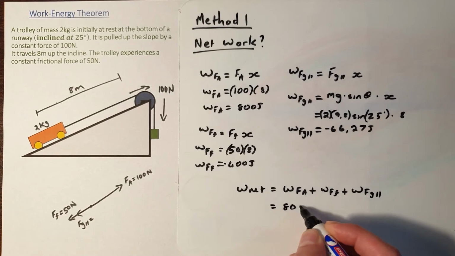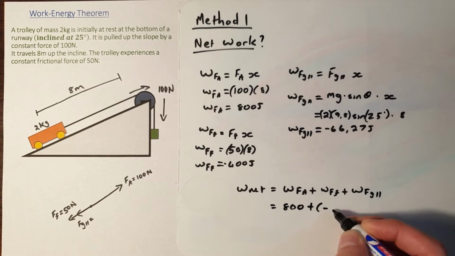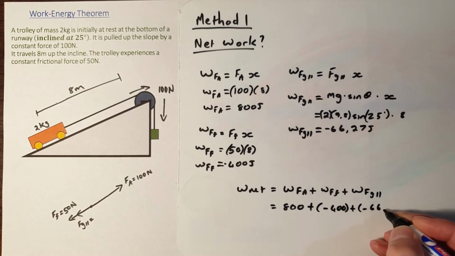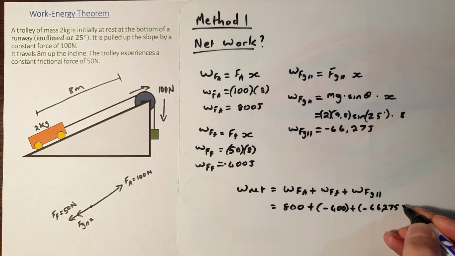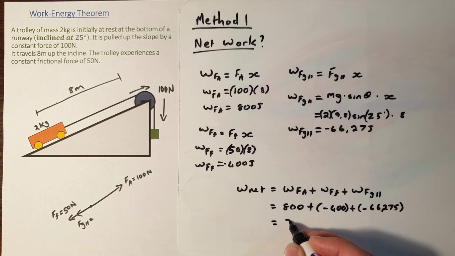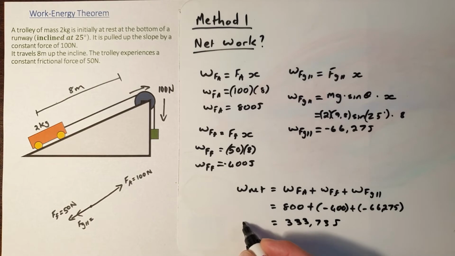We add these up, 800 plus minus 400 plus minus 66.275, and we will get our final answer of 333.73 joules.